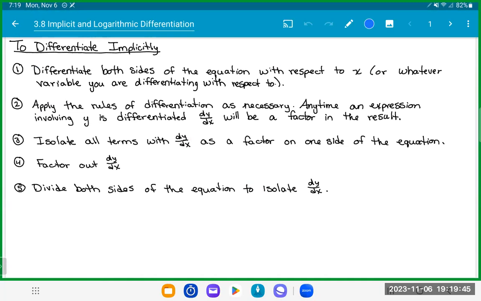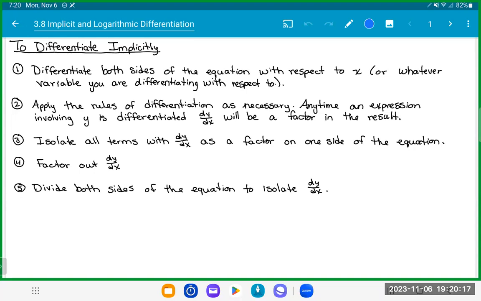But in this section, we're going to actually learn how to differentiate implicitly. I've listed out some rules, or guidelines, to help you process through differentiating implicitly. The first thing you want to do is differentiate both sides of the equation with respect to x or t or q, whatever variable you're looking at.